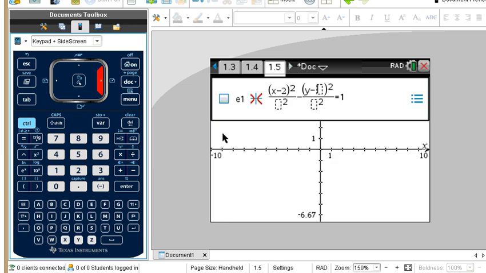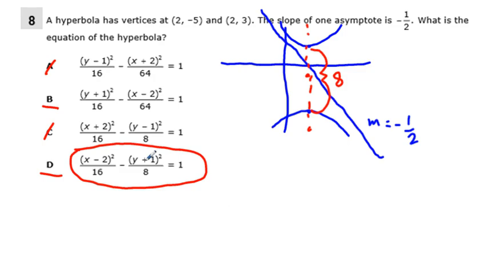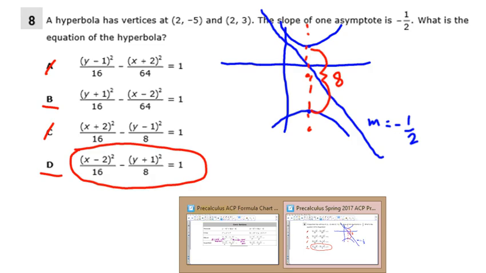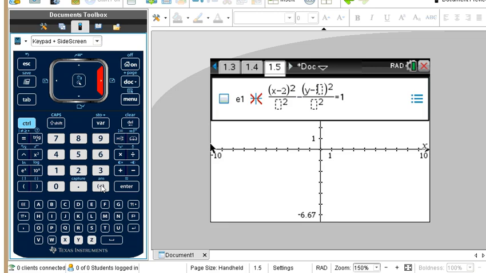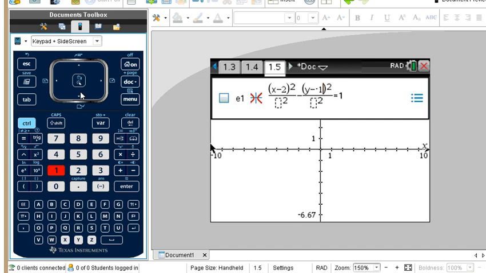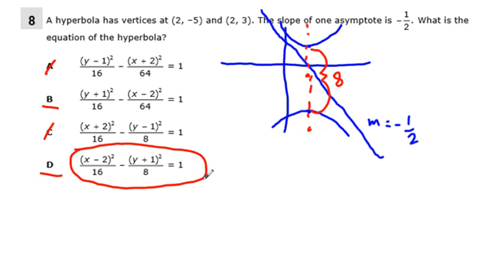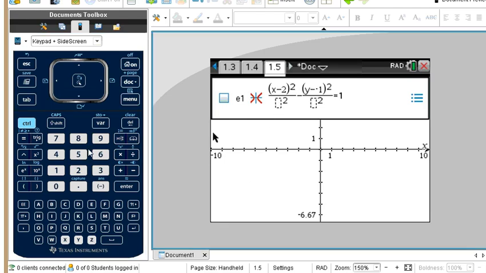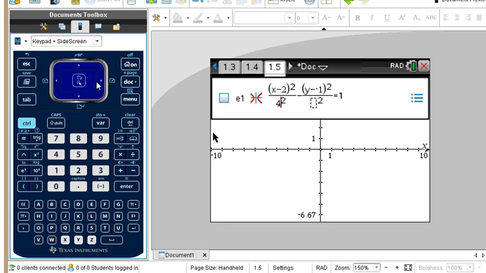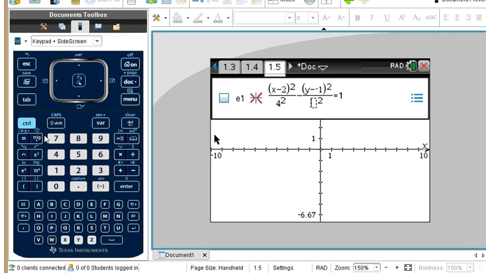What is that going to be? y plus 1, so minus negative 1. And down here, what do we put down below? We're going to put 4 squared and square root of 8. So 4, so it'll be 4 squared. And then over here, we're going to get square root of 8.